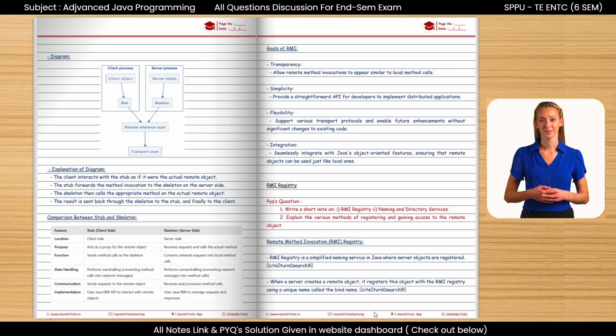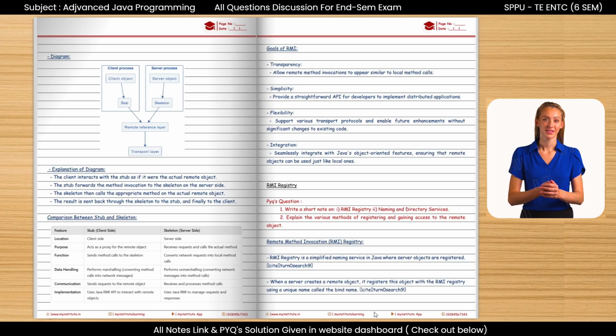The stub acts as a gateway on the client side, and the skeleton acts as a gateway on the server side. The remote reference layer handles the method invocation process, and the transport layer is responsible for managing network connections. The primary goal of RMI is to enable seamless remote communication between Java objects, hiding the complexity of network operations.